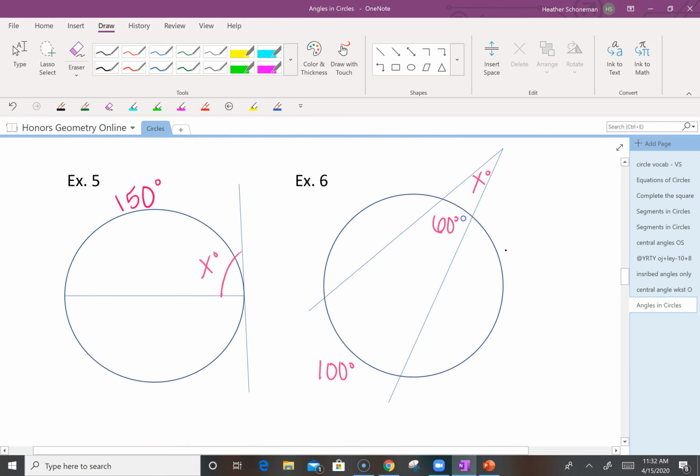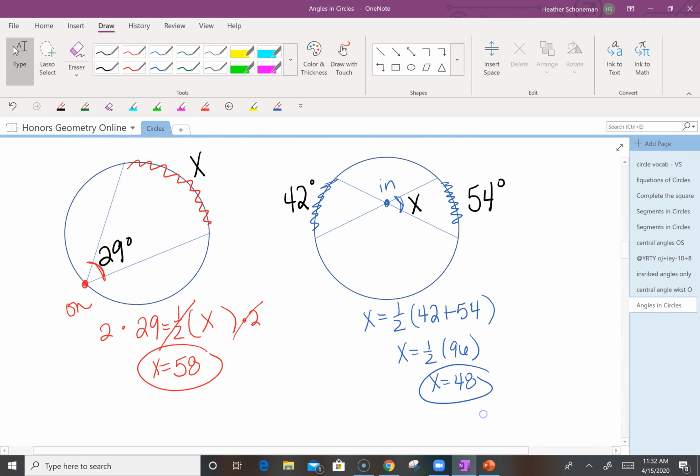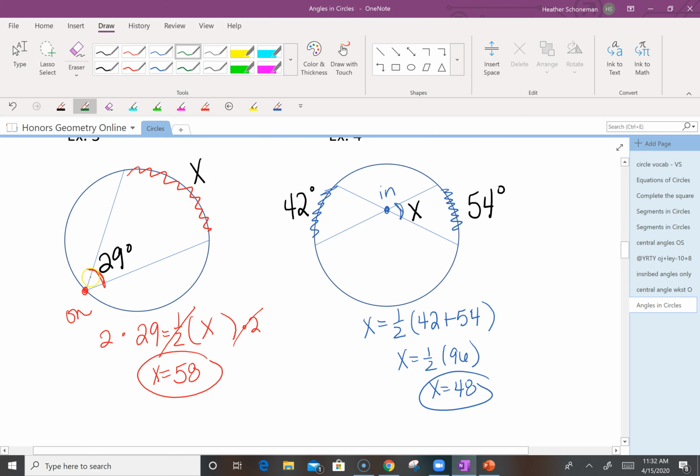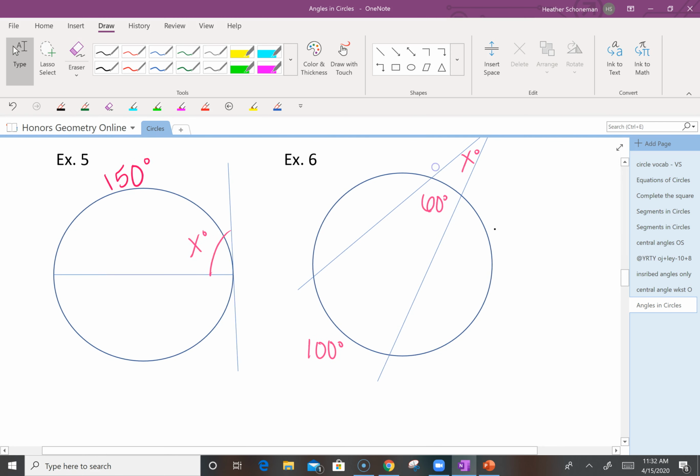All right, number 3. Or just kidding, I don't know what problem number I'm on. Number 3, when you're looking at this, it is an inscribed angle because it's formed by 2 chords and the vertex is on the circle. Now, if you compare that to number 5, the vertex is still on the circle, but it's not formed by 2 chords. But it doesn't matter what it's formed by. You look where the vertex is.